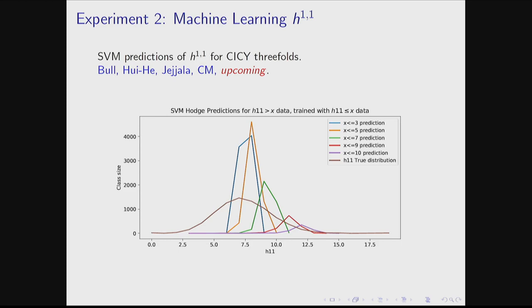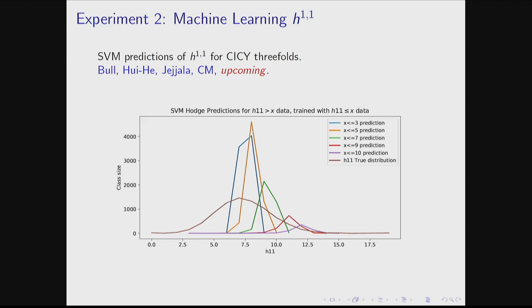And these are some of the plots from the paper. So this is the SVM predicting H11 for the CC 3-folds. I can't tell the color, but this one is the true distribution.